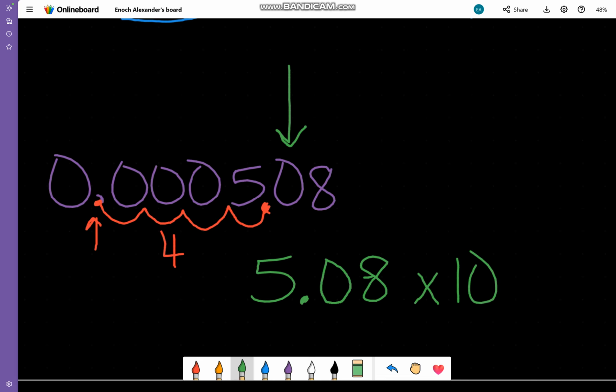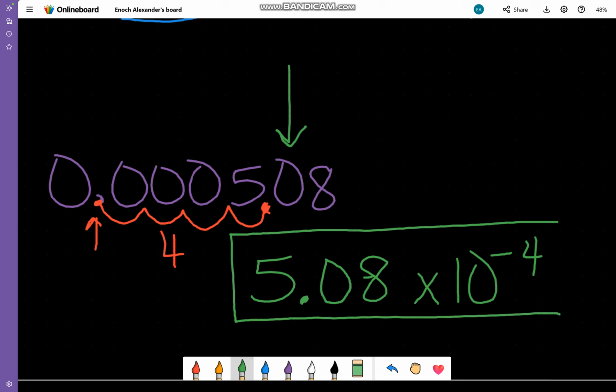And we moved 4 decimal places to the right, so it's going to be times 10 to the negative 4th power. We need that, so if we want to convert it back into standard form, we'll know which direction the decimal point needs to go. Now this number is written into scientific notation. It meets the requirements of a coefficient that is greater than or equal to 1, but less than 10. And this is what we have here.